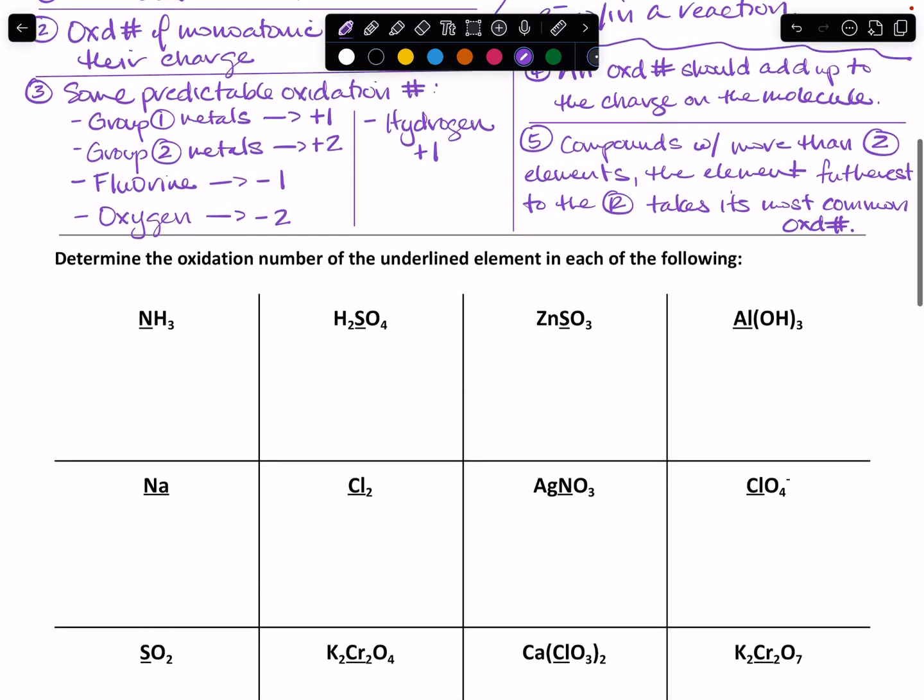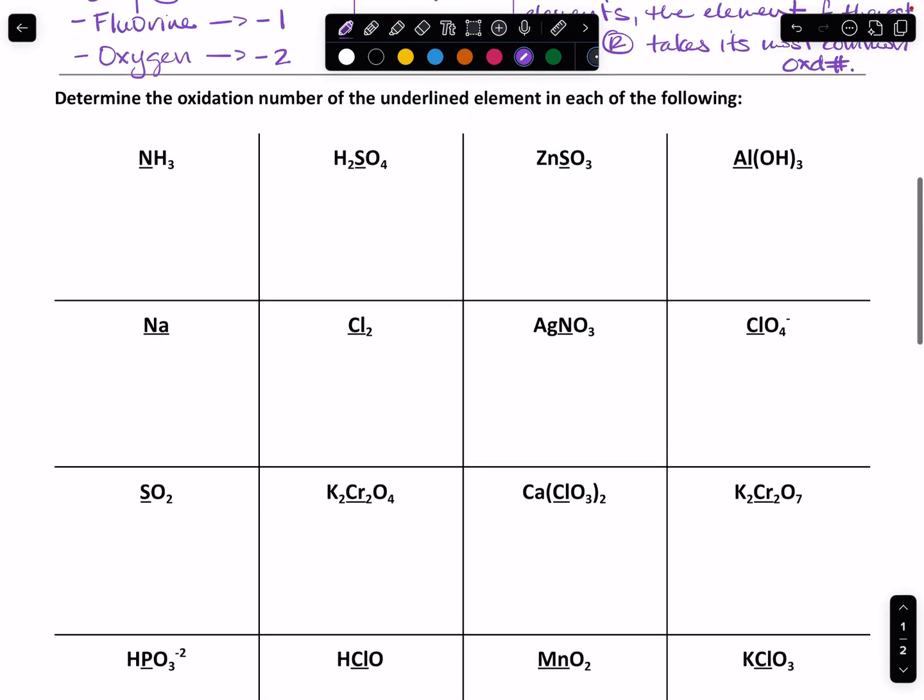So we've got a table down here. We've got a lot to look at, so it won't take us that long, but it's good practice. What we have is an NH3 molecule, and our job is to determine the oxidation number on nitrogen. Nitrogen has 5 valence electrons, so most often it forms a -3 ion, but that's not always going to be the case. You should always check.